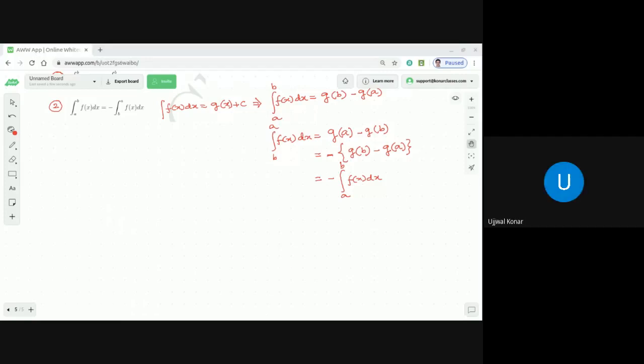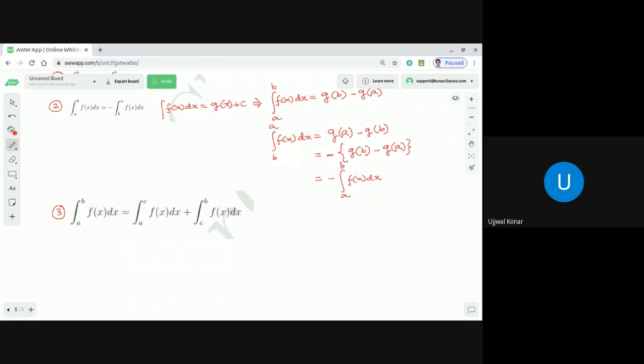Now I'm going to discuss the third property. Third property is something like this. It says that integration a to b f(x) dx is equal to integration a to c f(x) dx plus integration c to b f(x) dx. c could be any point.